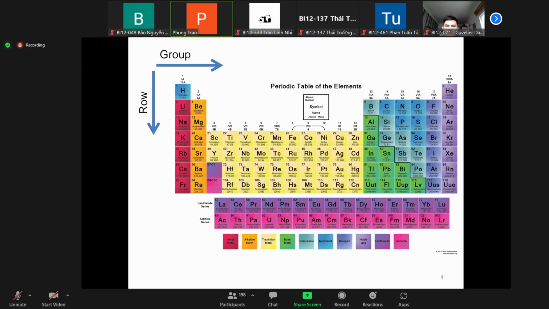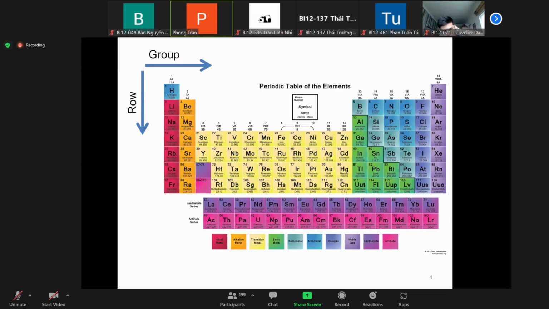The group A we call the main group, and the group B we call the transition metals. When you go from top to bottom of the table, you have the concept of rows of elements, meaning elements which have the same core electronic configuration. They have the same core electrons, but a different number of electrons in the valence shell.